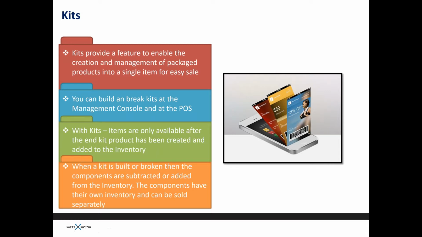Kits are a feature that allows you to put together two inventory items in your store and sell them as one package. This applies, for example, when you have some overstock of some products and you want to set up a promotion and put together 2 or 3 or more items in one little basket or one package.